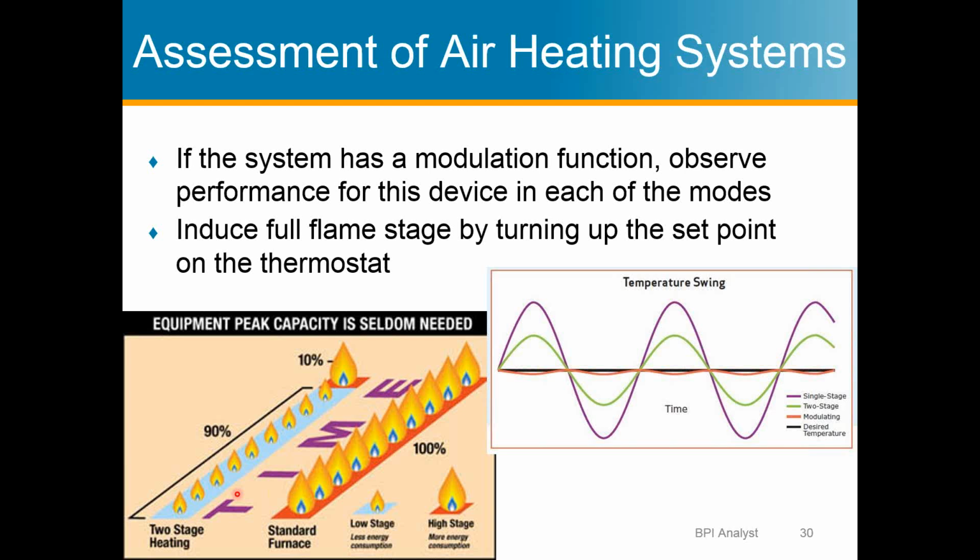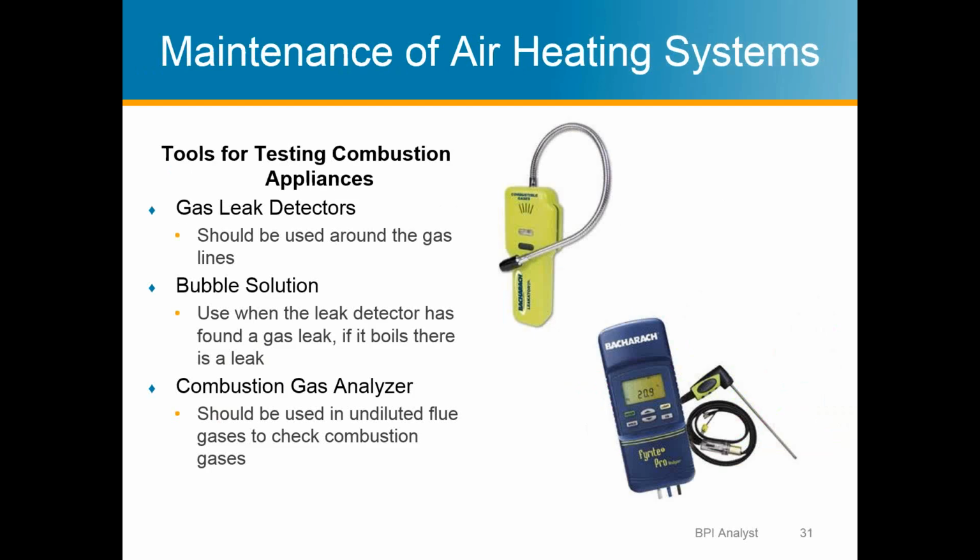It doesn't mean all the rooms are comfortable at an even temperature. That's one of the advantages of a modulating system. You can deliver 50% of the maximum heat, and the system will run longer and make the home more comfortable. You don't see them a lot in residential applications, but they're out there.